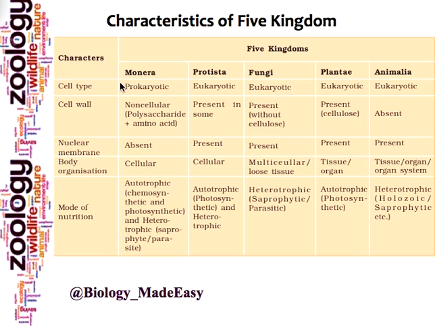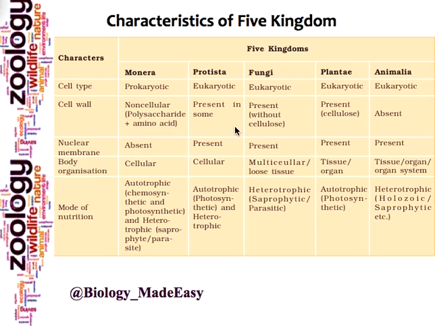Then come to the cell wall. Monera do have a cell wall. However, their cell wall is non-cellulosic and is composed mainly of polysaccharide and amino acid. But in case of Protista, they may or may not have a cell wall, so it is either plus or minus. It depends upon which member you are talking about.